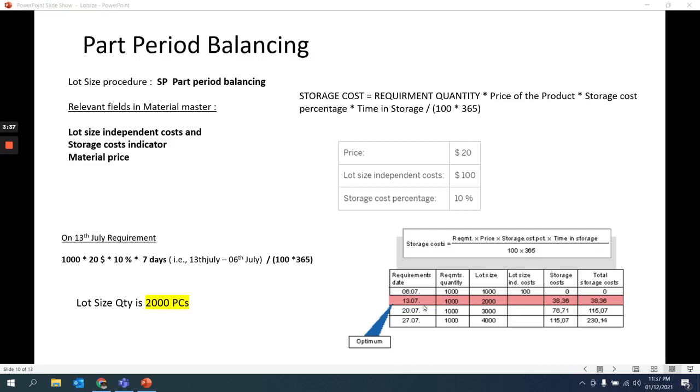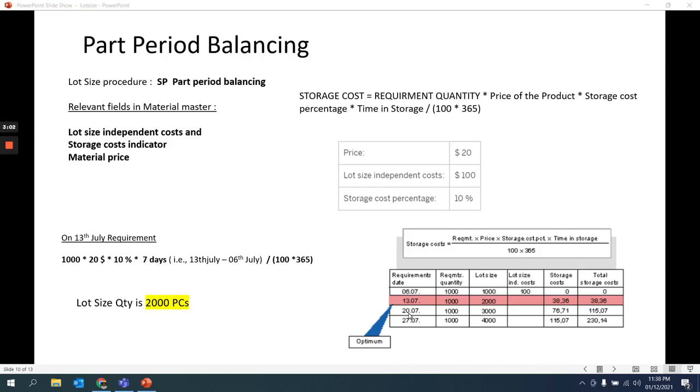Let's take the 13th of July requirement, 1000 pieces. System multiplies this requirement quantity with the price of the material and the storage percentage, into the difference in days between the first requirement and the requirement we are looking at, that means 7 days, divided by 365. This way, system calculates the storage cost as $38.36.